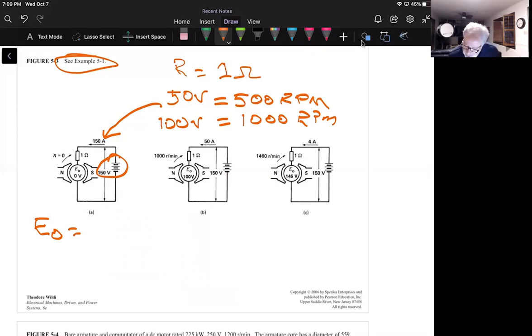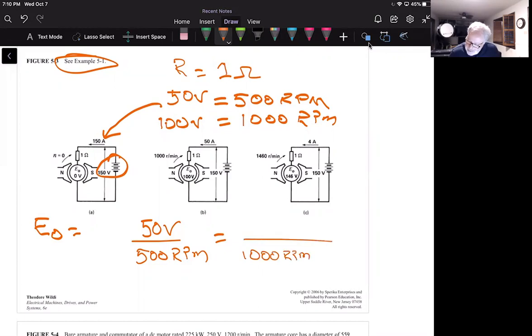Well, I can do that because, to begin again, he told us that it generates a voltage of 50 when it's at 500. So I'm just going to set this up like this, 50 volts, 500 RPMs. And I'm going to make an equivalence of this because he says, what is the voltage at 1,000 RPMs? We kind of already did this, didn't we?